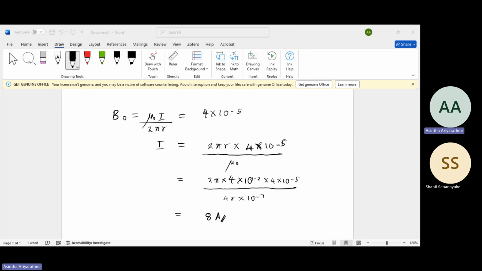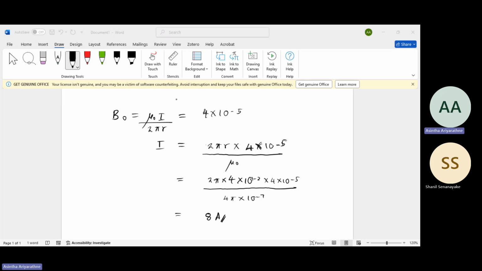This radius is 4 centimeters. A current of 2 amperes flows like this. Right, so find the magnetic flux density at the center. Oh, B_O. You'll find B_O.